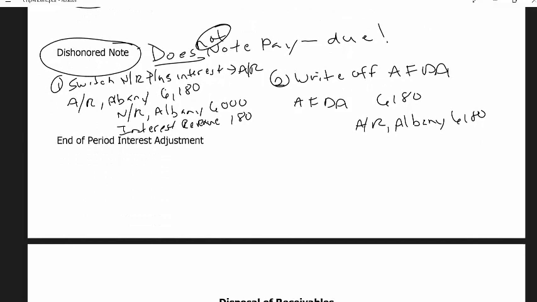Okay, the last little piece here that I want to touch upon is sometimes you have a note receivable that you originally signed, let's say November the 1st, but it's not due until after the 1st of the year. So in there, I have December the 31st, but it's not due until the next year.